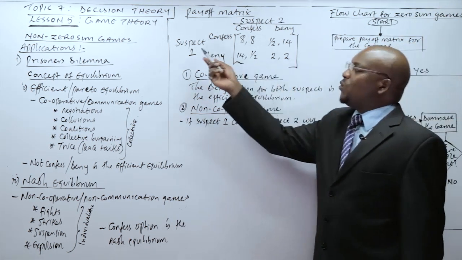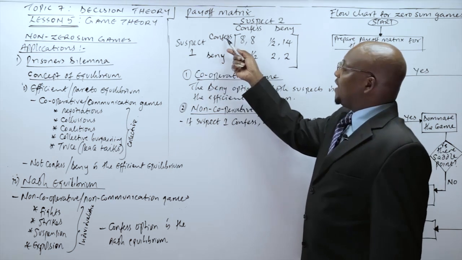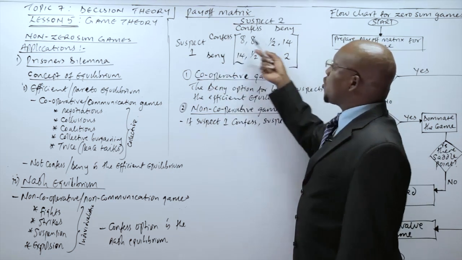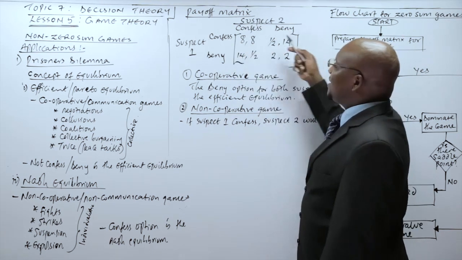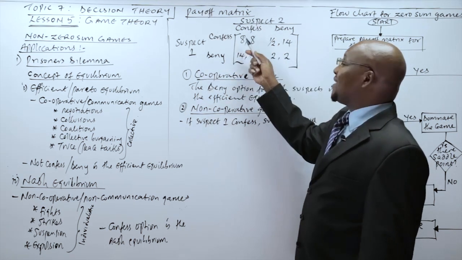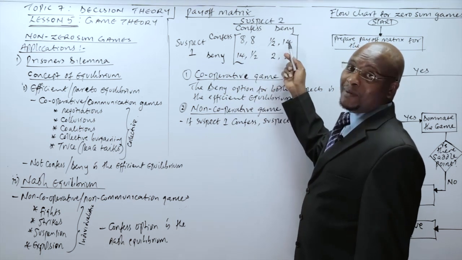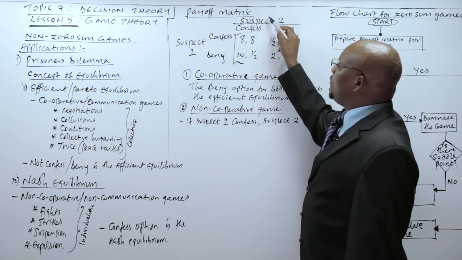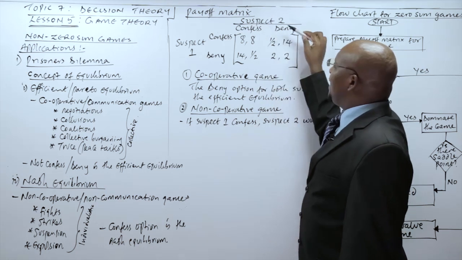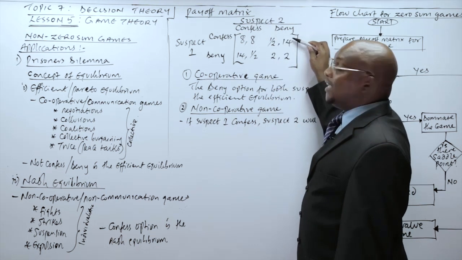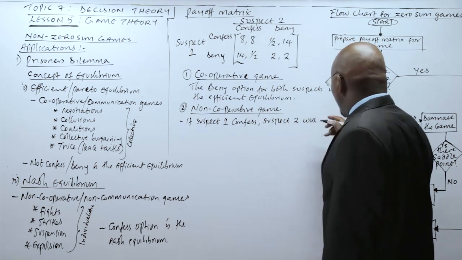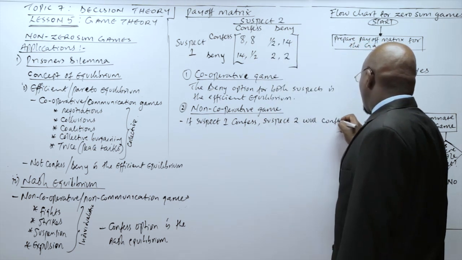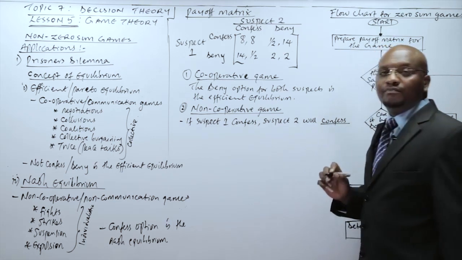Suspect 1 is here on the side, confess is here, meaning this is the first row I'm dealing with. Now, this being the first row, the suspect 2 jail term is the second place. Meaning, if he confesses, he gets 8 years. If he denies, he gets 14 years. Suspect 2 is likely to confess to get 8. 8 is better than 14. So therefore, he'll confess. That becomes our solution.